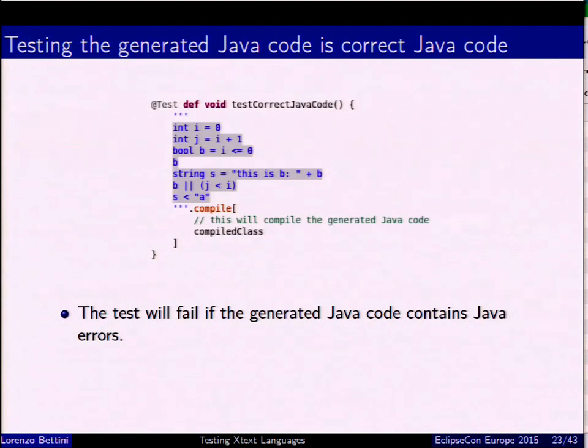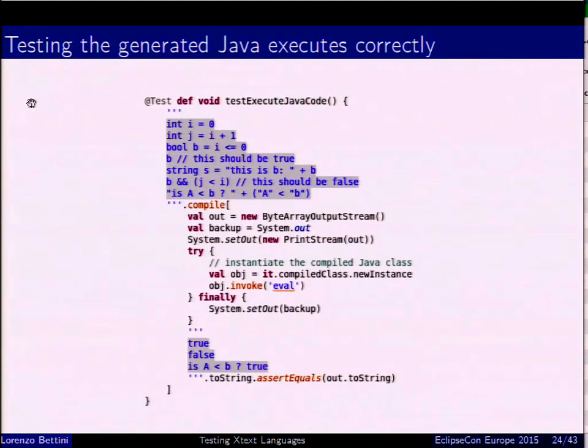And another interesting thing is that you can also test an instance of the generated Java code. So in this case, I generate the Java code, compile it, and then at runtime instantiate the generated Java code and check that the generated Java code gives me the expected output. Okay?